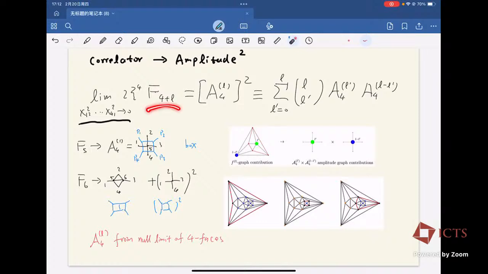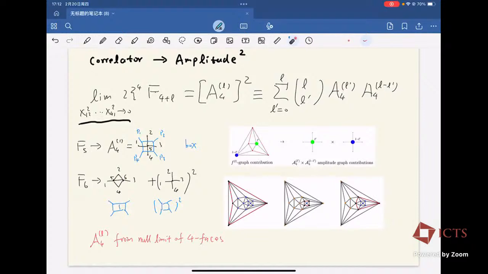For example, you take that 5-point graph and do a foregone limit, you see literally this box integral. And for the 6-point graph, there are 2 ways of taking the foregone limit. I leave this as an exercise. You see either the dual graph of a double box or box squared with the same coefficient.